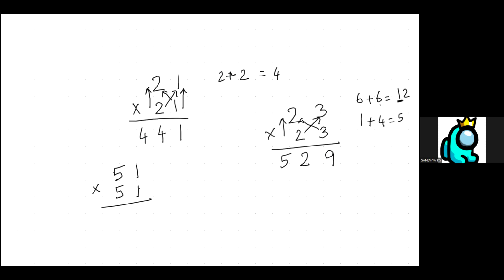Then cross multiply, 1 into 5, 5, and 1 into 5, 5. 5 plus 5, 10. 0 here, 1 carry. 5 fives are 25. 25 plus 1, 26. So 2601. Can you try with the same method 53 squared and comment the answer?